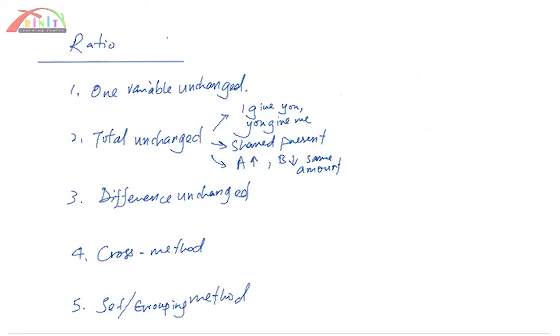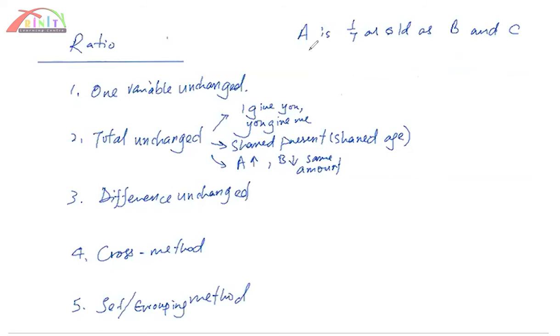Having said that, I want to add on that for shared present, you can also have a shared age question. A shared age question will look something like this. Let's say A is 1/7 as old as B and C, 2 other kids, right?